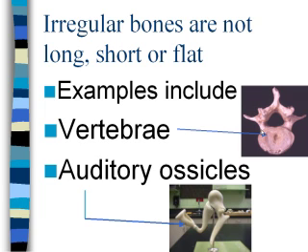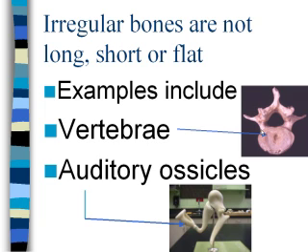Are you even speaking English? I am, very much so. Say that again slower. Hammer, anvil, stirrup. Those are the ear bones. The incus, malleus, and stapes. Sounds Spanish.